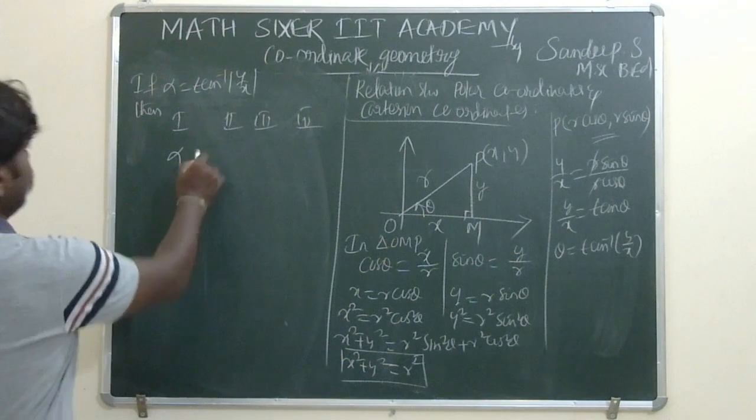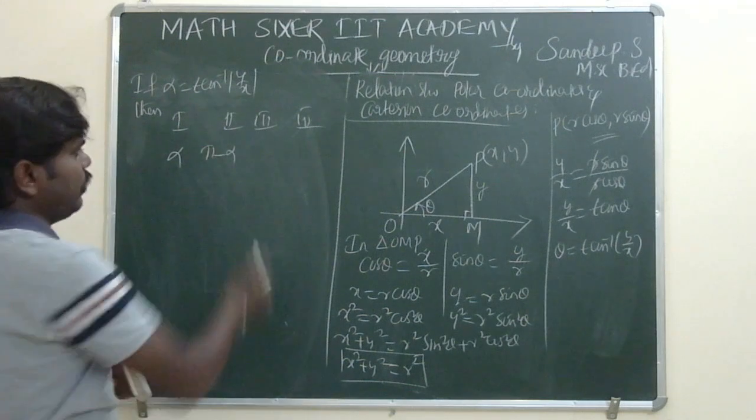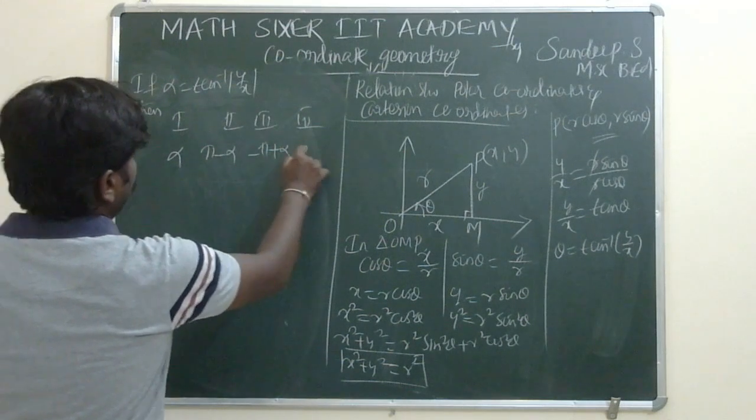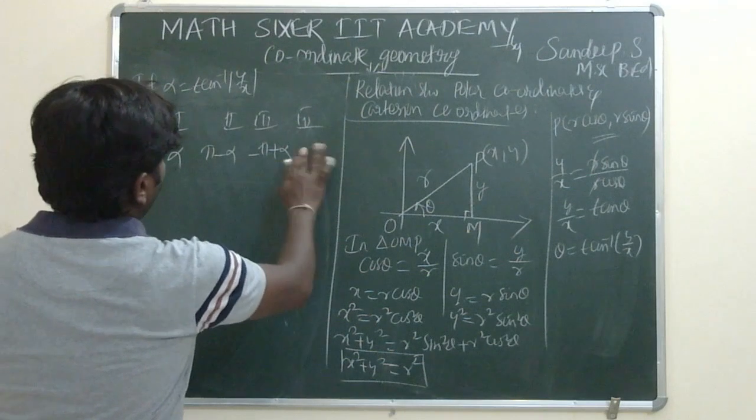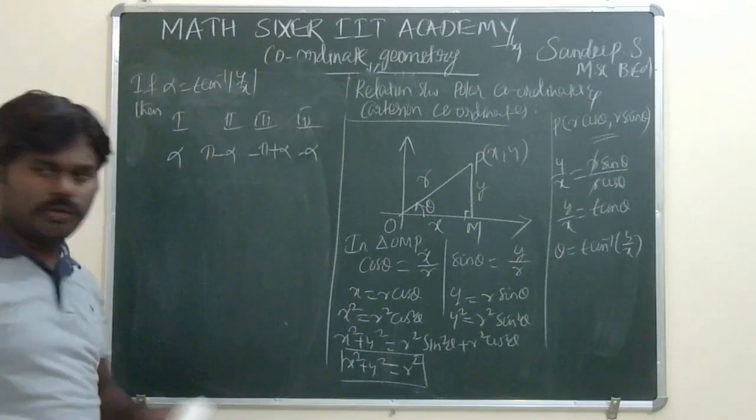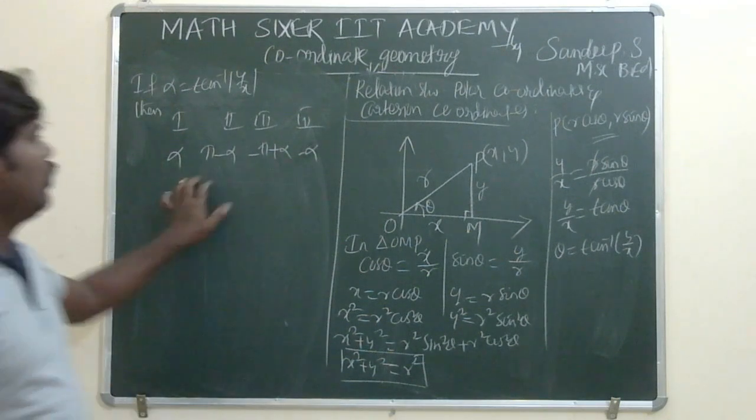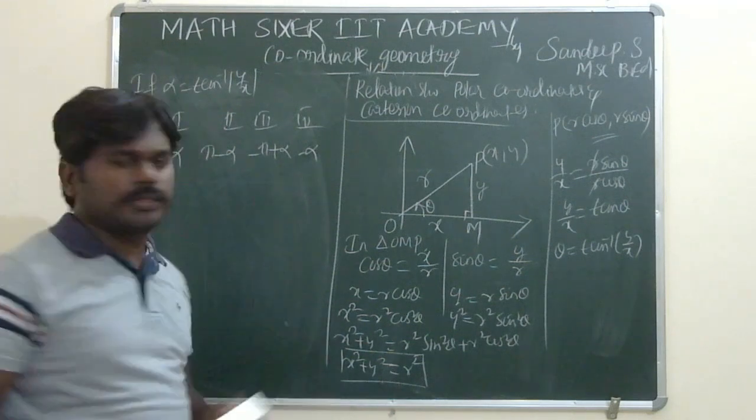Next, in the second quadrant we take pi minus alpha, then minus pi plus alpha, and then minus alpha. These are the angles in the different quadrants.